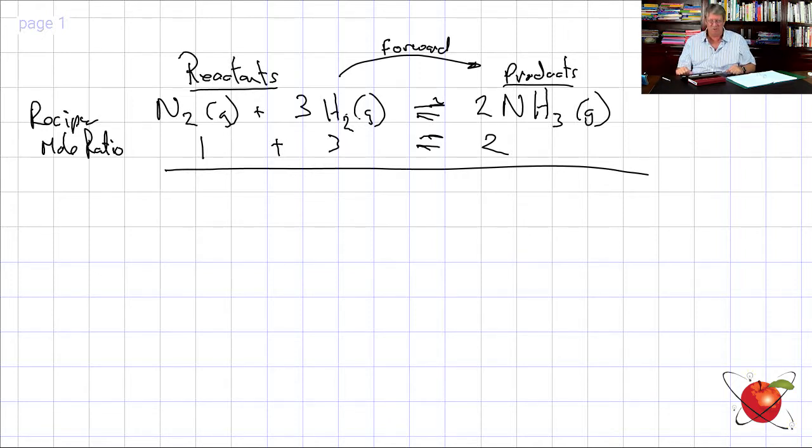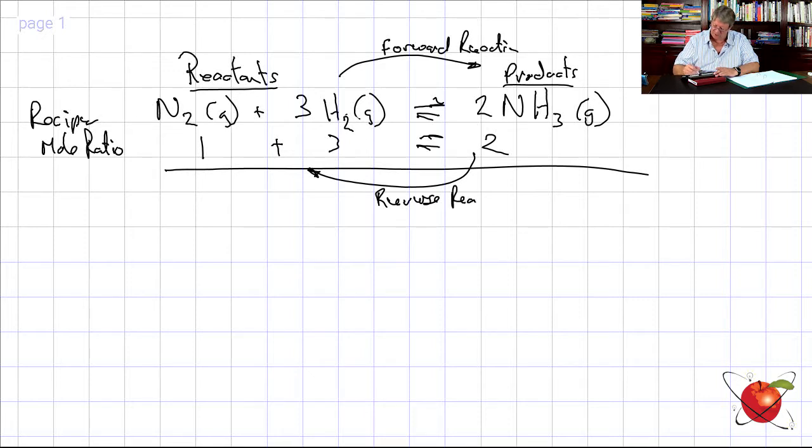We could switch this around and have ammonia on this side and break it down, in which case the ammonia would be the reactant. So left-hand side is our reactants, right-hand side is the products. Then the reverse reaction is that one. Forward reaction and reverse reaction.